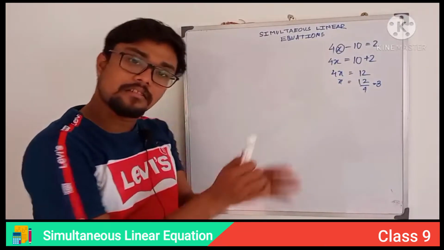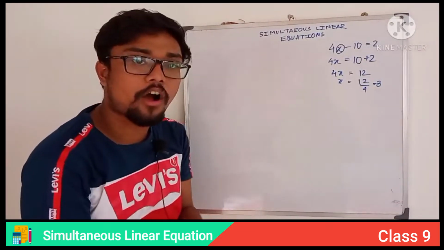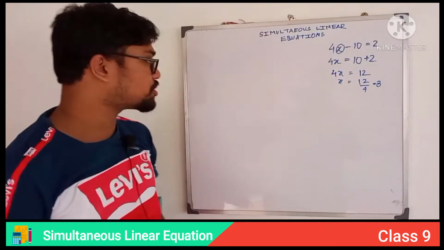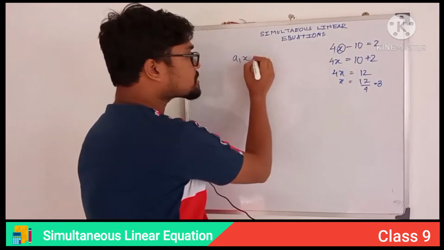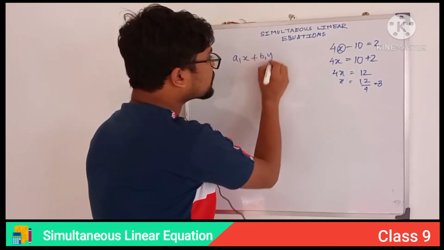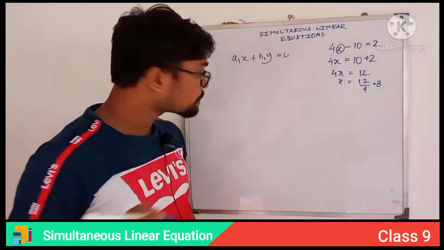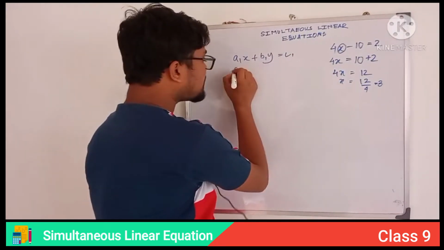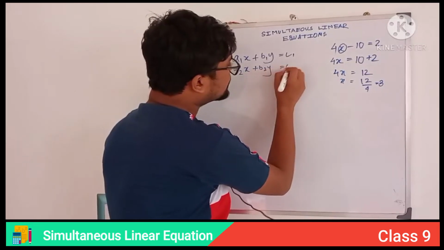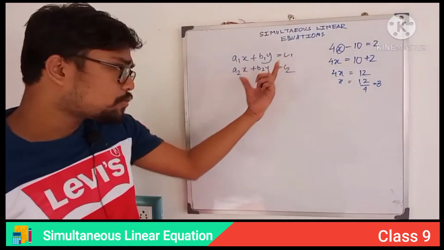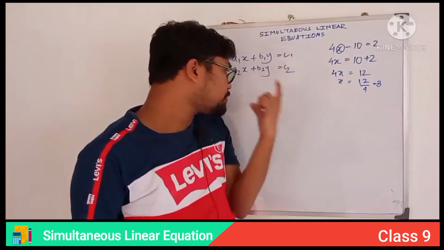First, I will write the general expression of a linear equation in two variables. Suppose a1x plus b1y equal to c1 and a2x plus b2y equal to c2. There are two separate equations.